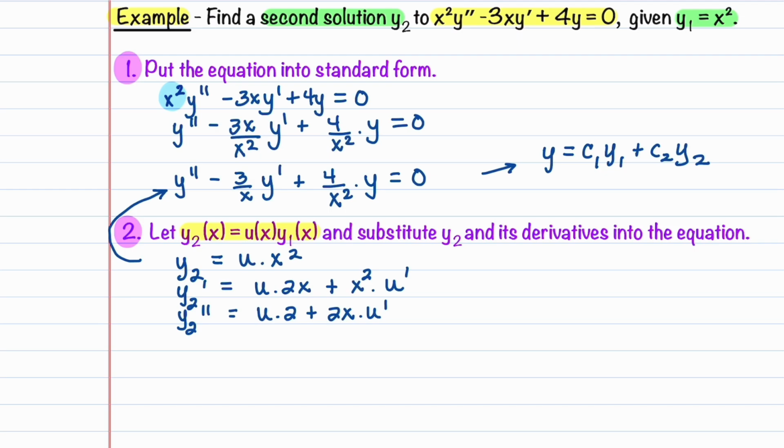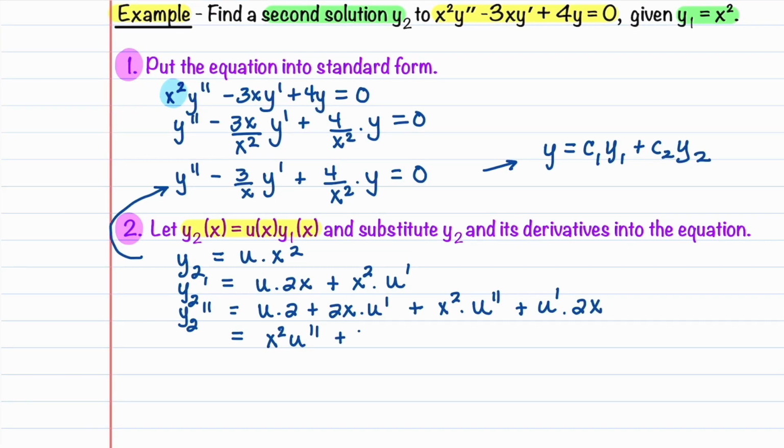Now let's look at the x squared u prime. Using the product rule, it's the first times the derivative of the second, plus the second, u prime, times the derivative of the first, which is 2x. Let's go ahead and simplify this. This is x squared u double prime, and then we have a 2x u prime and another 2x u prime, so that is 4x u prime, and then we have a 2u.